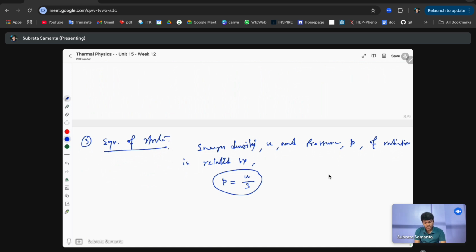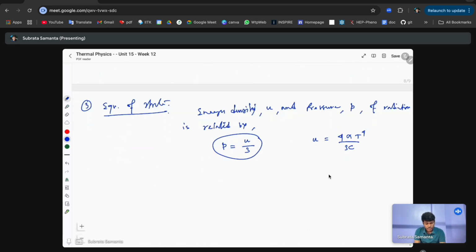And you know what the value of U is. U is basically 4 sigma T to the power 4 over 3c, right? This is U, the energy density for a black body radiation.